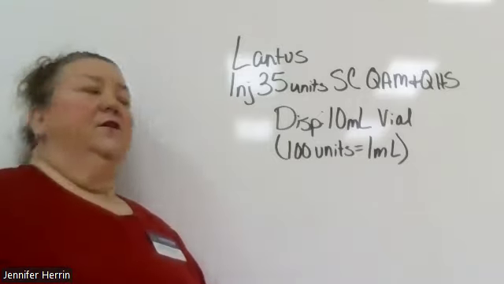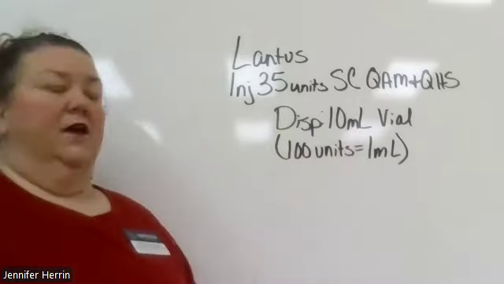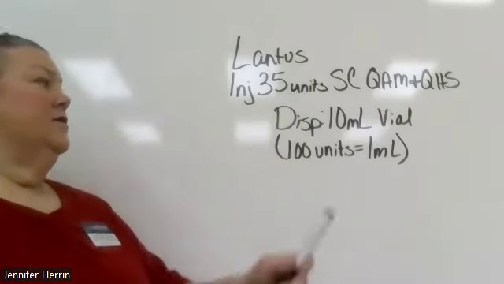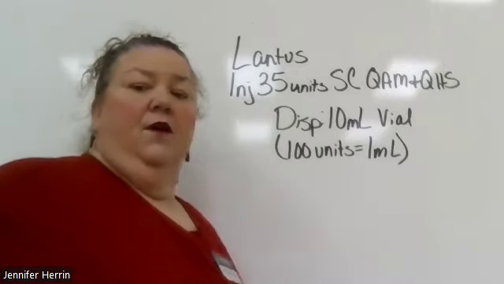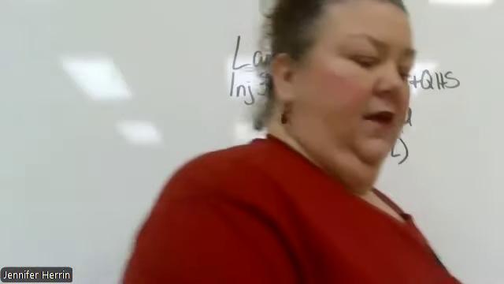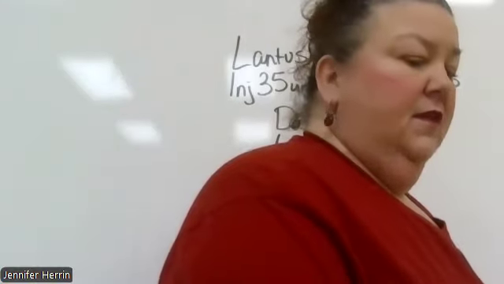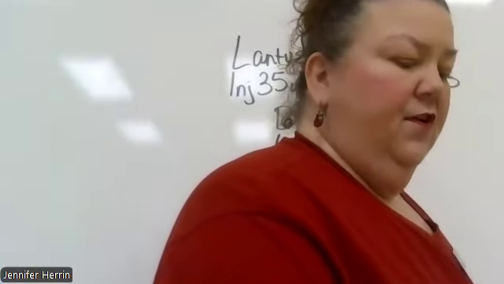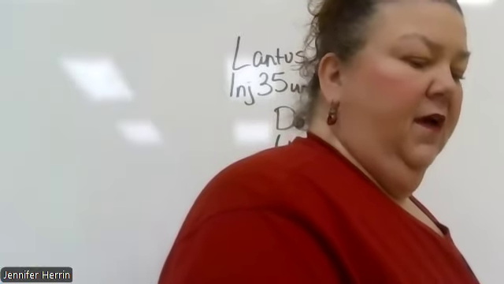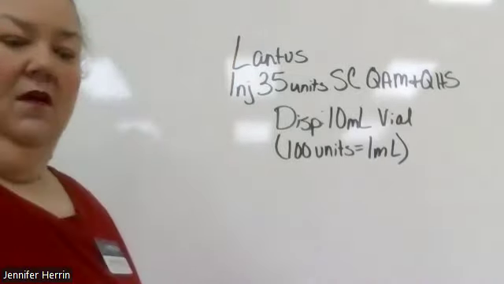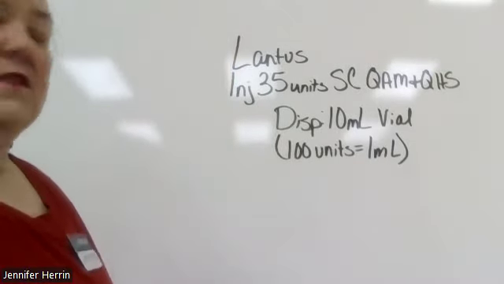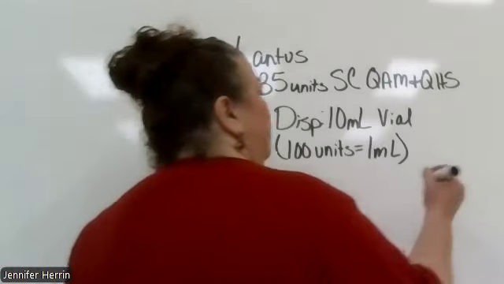So first thing we need to do is convert my total quantity into the same units as my dose, correct? So we have 100 units per milliliter, and I have 10 milliliters. That simply means we're going to take that 100 and multiply that by 10 to tell you that we have 1,000 units in that 10 milliliter vial.